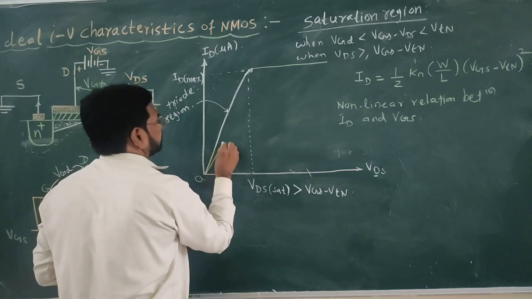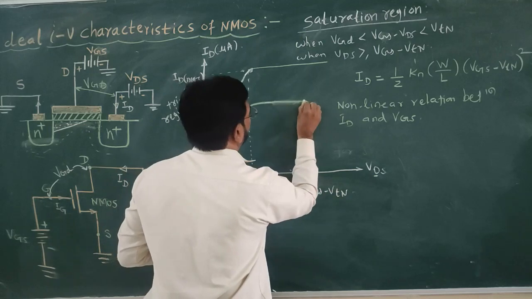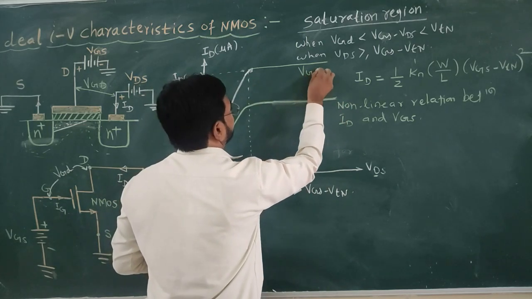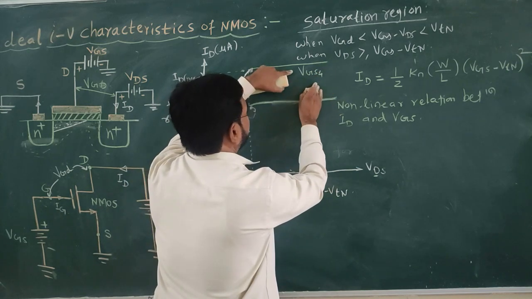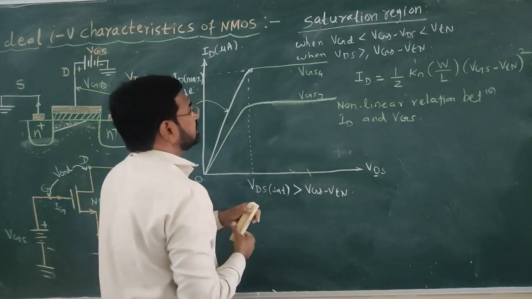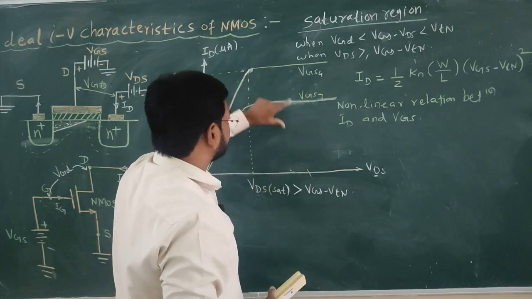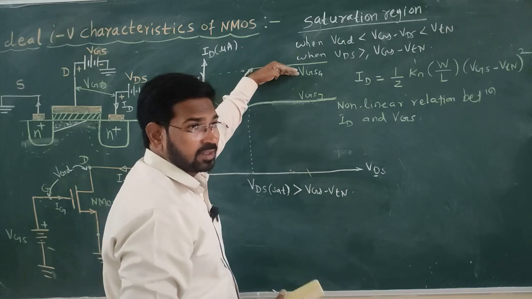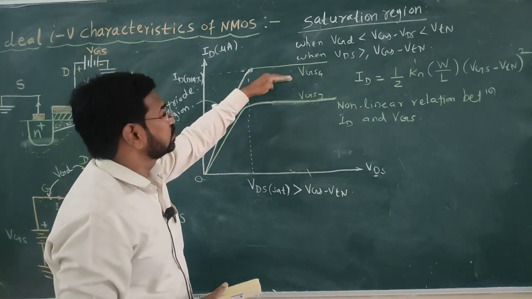See this. Suppose this is VGS maximum, suppose VGS4 is the maximum gate voltage applied, it can be VGS3, and VGS4 is greater than VGS3. Now, this region is saturated for this one gate voltage, but it is the desirable feature of the device, it is made to behave like this.